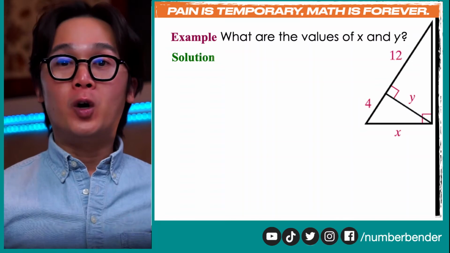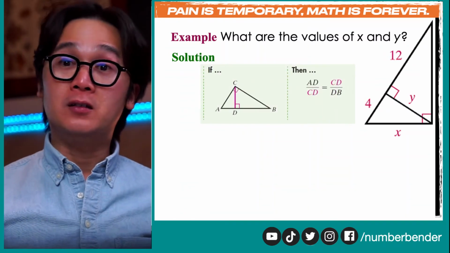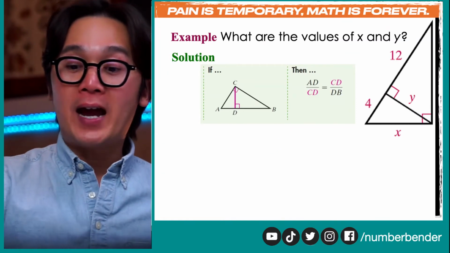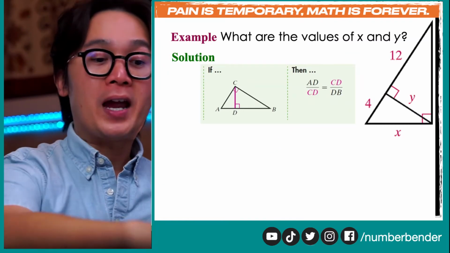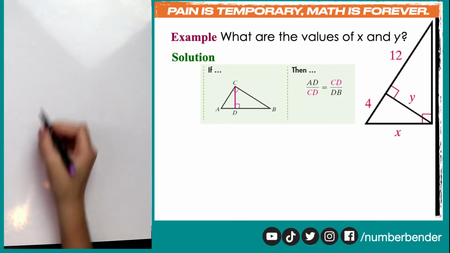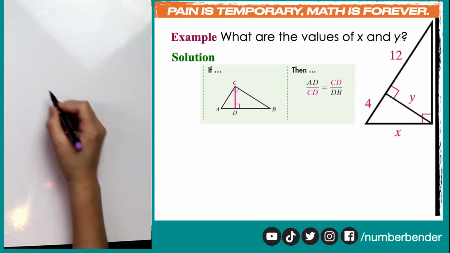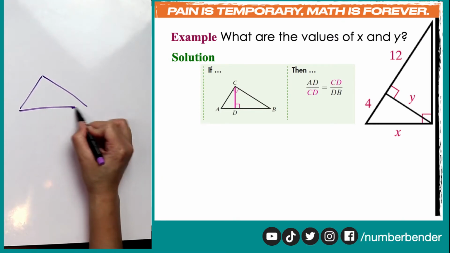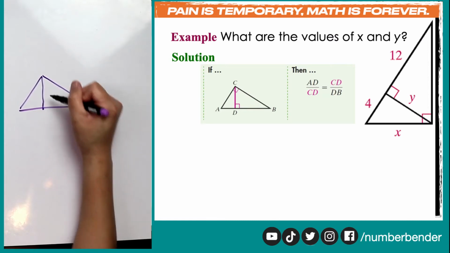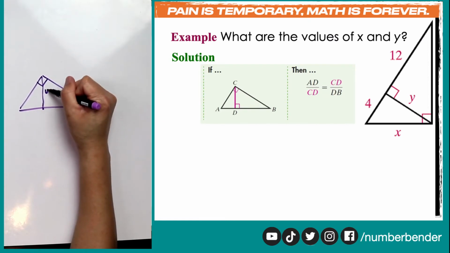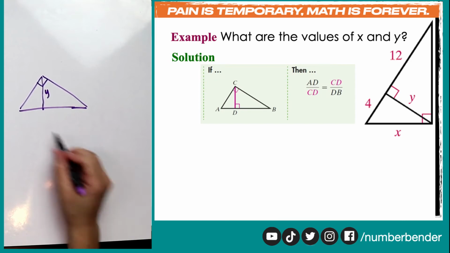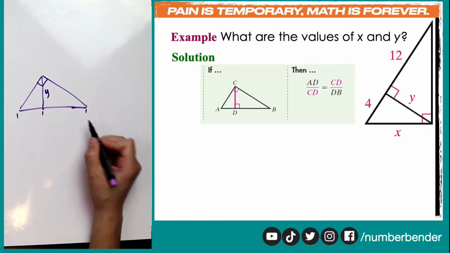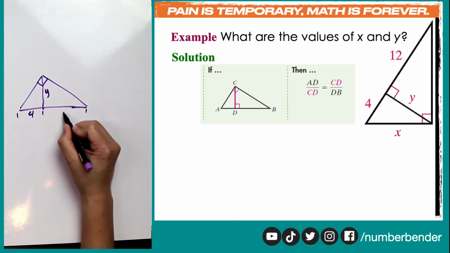So let's work with the easier right triangle that we can work on, which is the first corollary. So if we rotate our right triangle, we know that y, which we are looking for, is the altitude of our right triangle. So given that this is our right triangle, and we know that the height of the right triangle is y, which is what we're looking for, we know that the measurement of our hypotenuse is given by line segments 4 and 12.